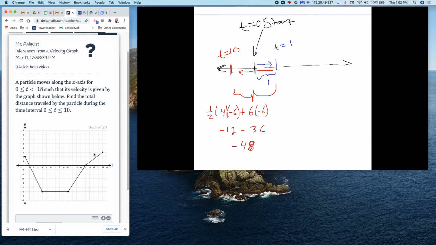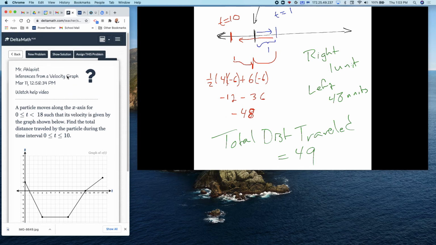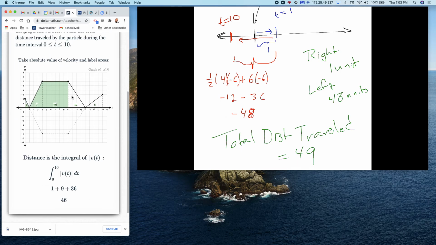So here's what happened. We went to the right 1 unit, and then we went to the left 48 units. So our total distance traveled is equal to 49 units. And if I go to show the solution... Whoops, what did I do?